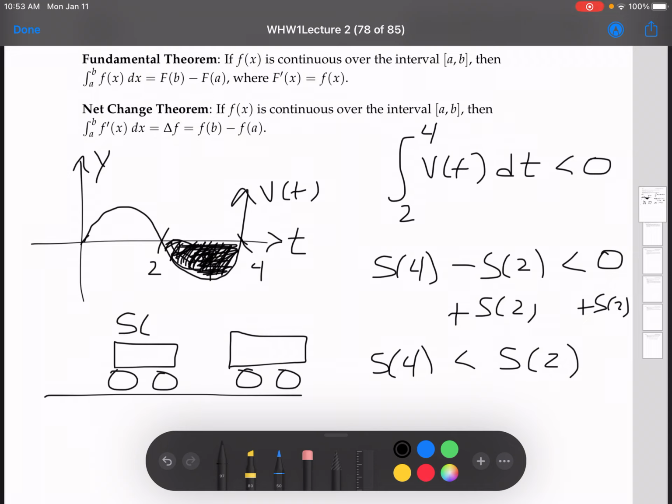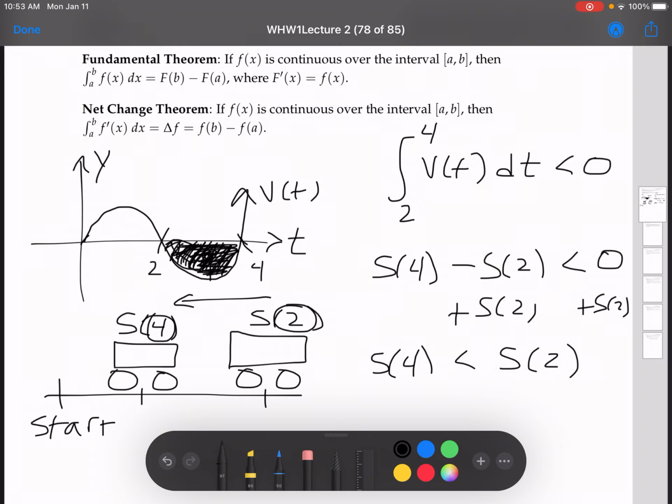Here we have the position at time 4. Here we have the position at time 2. And so you can see the position as time increases. You think of this maybe as your start. At time 2, we're here. At time 4, we're there.